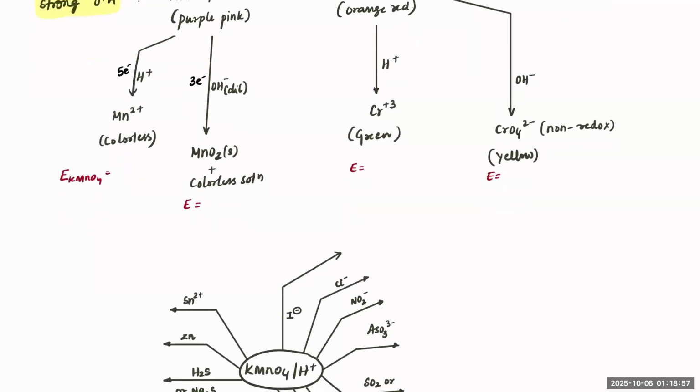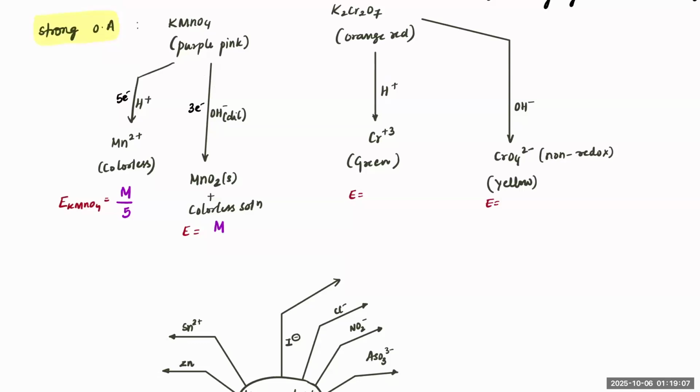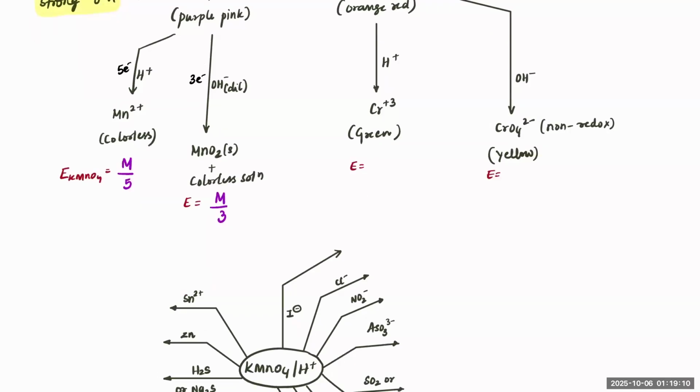Now, since the number of electrons is known, from here I can calculate the equivalent weight. Equivalent weight will be equal to molecular weight by 5 for KMnO4 in acidic medium and molecular weight by 3 in basic medium.